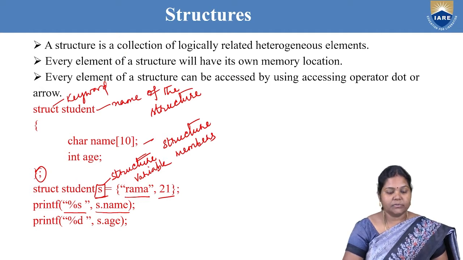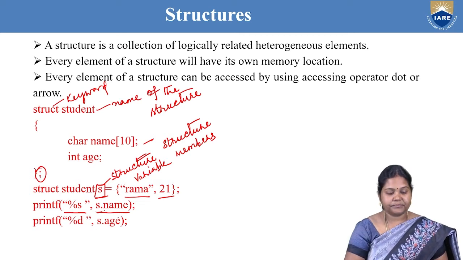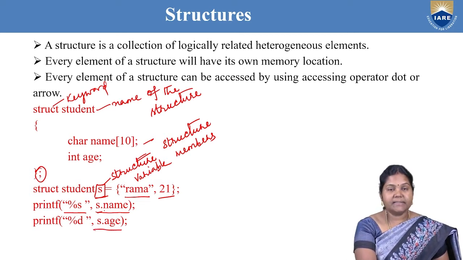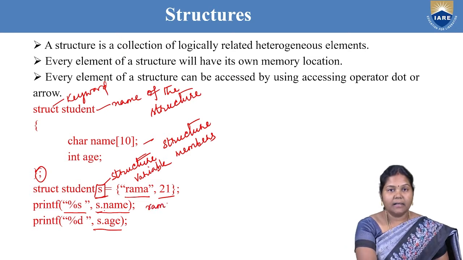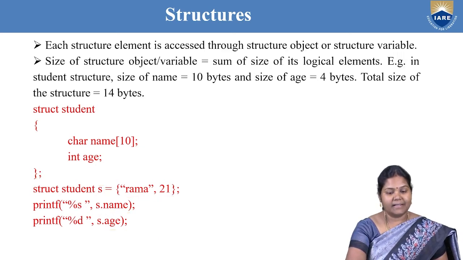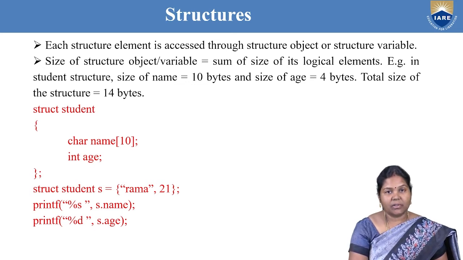Here the structure variable is S and the structure member is name. Similarly, the second member is S dot age. So, here you will get the output as Rama, and here you will get the output as 21. This way a structure is written. Each structure element is accessed through its structure object or structure variable.